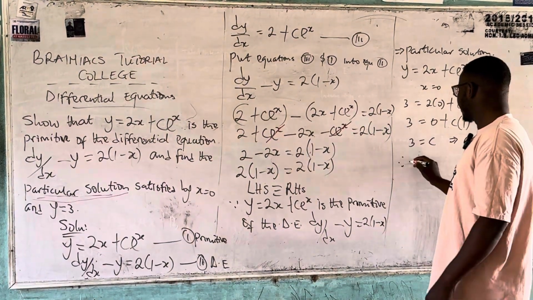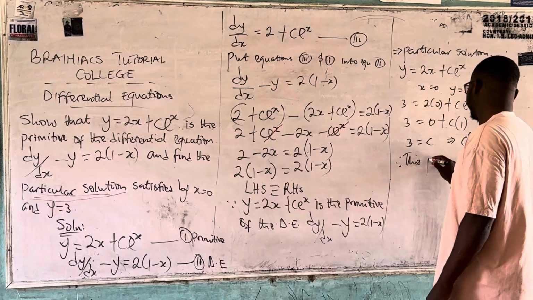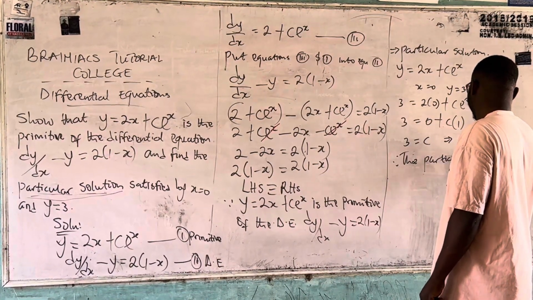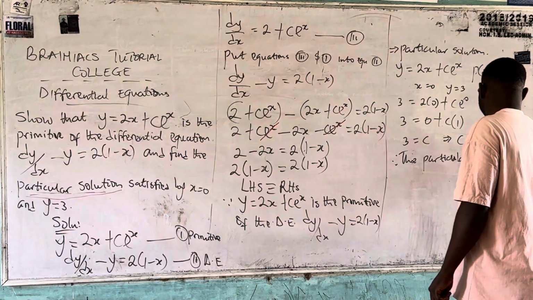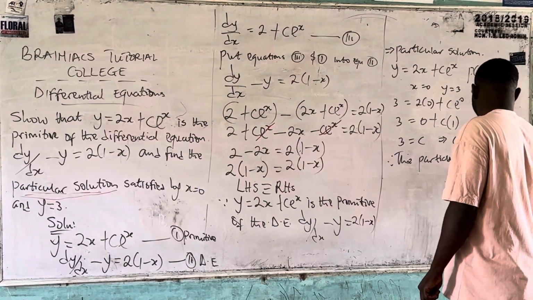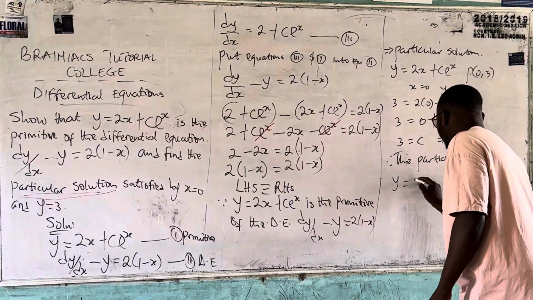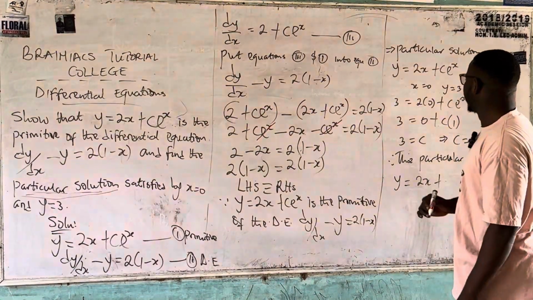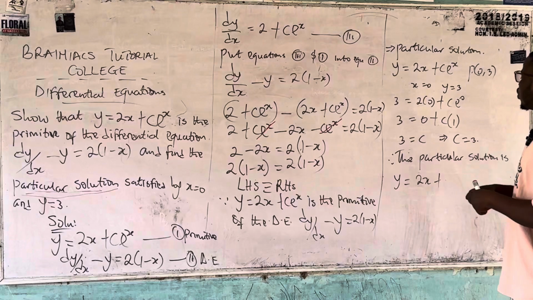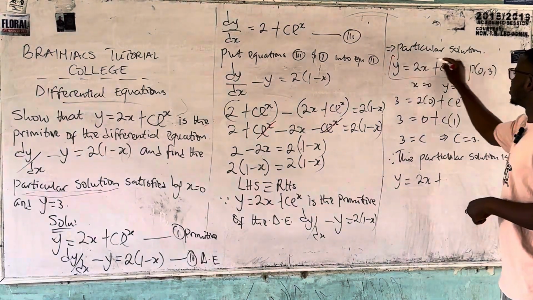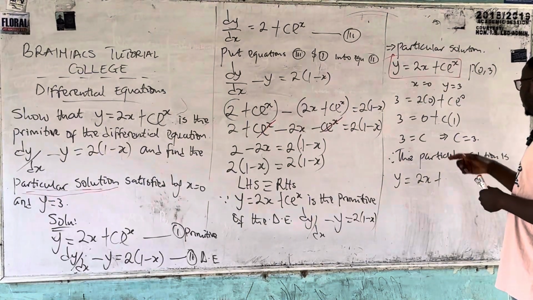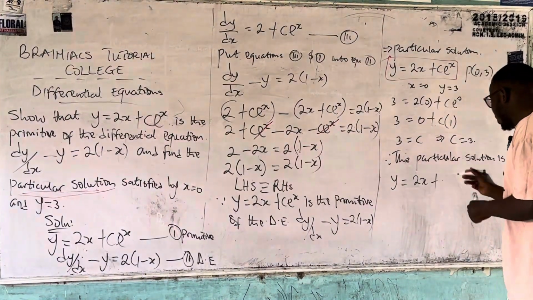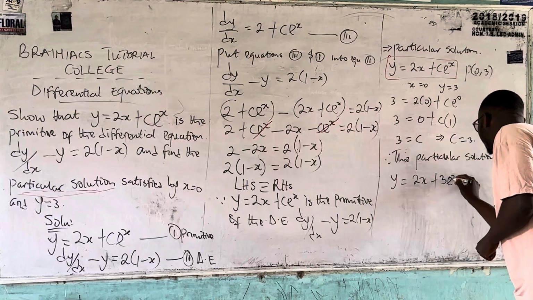Therefore, the particular solution is y equals 2x plus, going back to the primitive, with the value of c equal to 3, so instead of writing c, we write 3 exponential x.